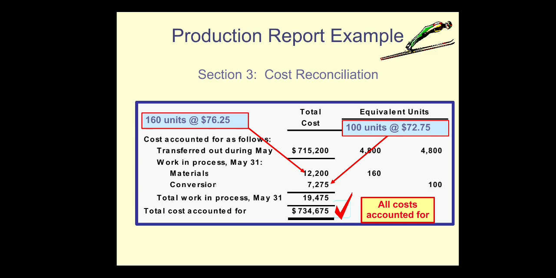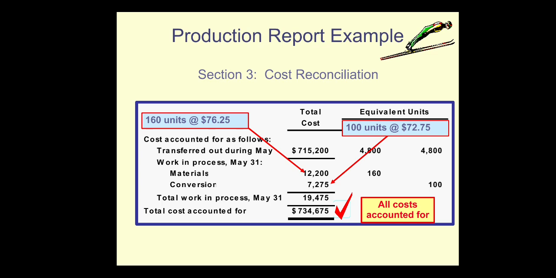And also, at the same time, for conversion, the total cost related to conversion is $7,275. How can you get that number? The number is 100 equivalent units for conversion times $72.75 cost per equivalent unit of conversion.